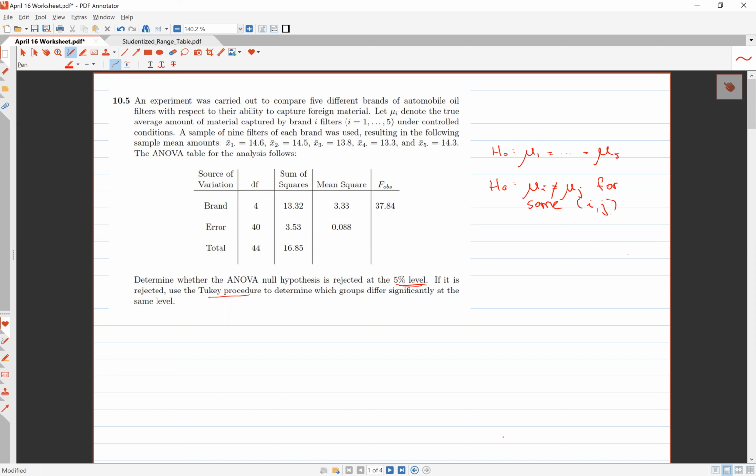So all the alternative is saying is there is at least 1 pair of filters that capture on average different amounts of foreign material. To implement our F-test, we want our degrees of freedom, but that's already part of what's calculated in your table.